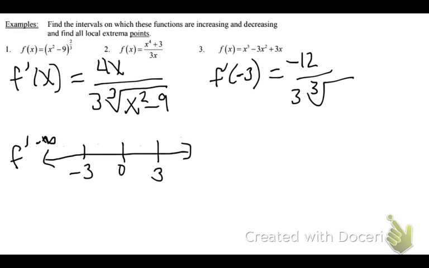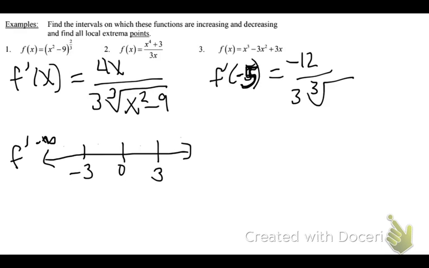I got focused on us not using the endpoints and ended up using those. That is not good. So we actually want to use negative 5. You could use negative 5, negative 4, negative 6, negative 10, whatever is going to work best. Just anything that's between negative infinity and negative 3.